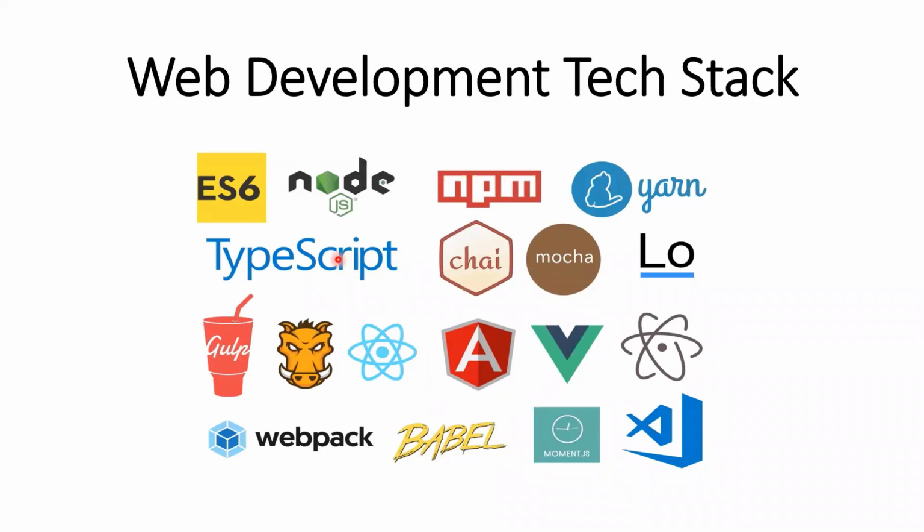We have TypeScript for tight typing, compiling the types at compile time, and we have React, Angular, Vue.js, and Webpack for module bundling. Babel is a transpiler. It means it converts modern JavaScript code like React.js and AngularJS code into plain JavaScript, because a browser can't understand React.js and AngularJS.